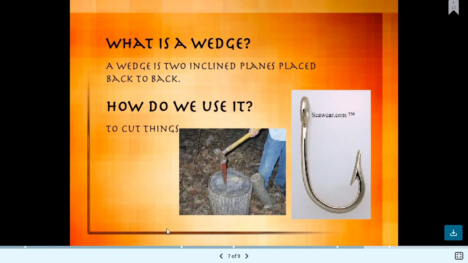That sharp tool, which is formed by joining two inclined planes, is called a wedge. A wedge is used for breaking an object into two pieces or to separate objects which are put together. An axe and a knife are examples of wedges.